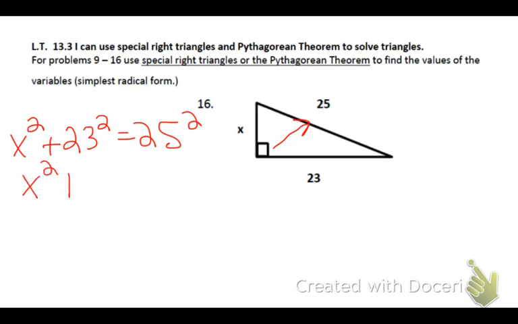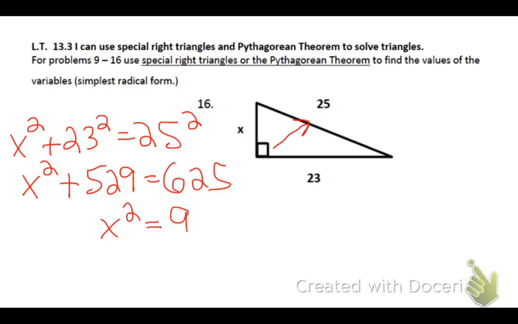So x squared plus, 23 squared is 529, and 25 squared is 625. Then we're going to subtract the 529. So 625 minus 529 is 96.